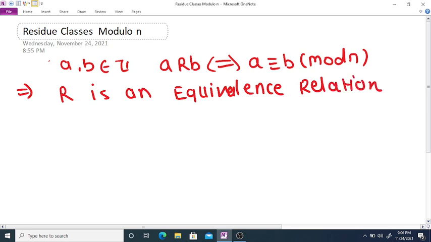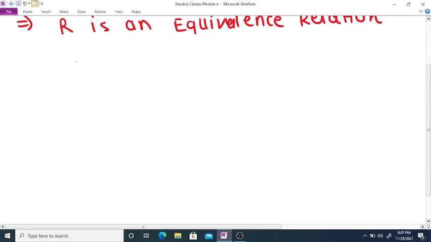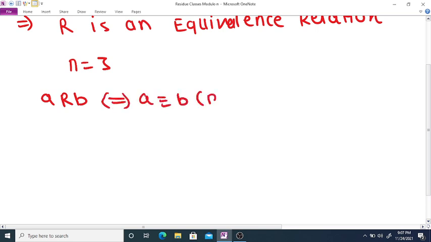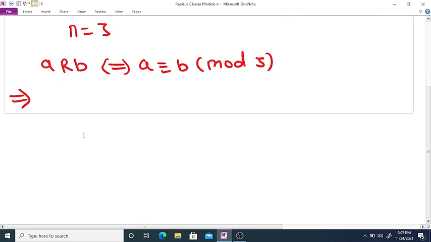In particular, for example, we can take n equal to 3. Then define the relation a related to b if and only if a is congruent to b modulo 3. We can show that the given relation R is an equivalence relation.